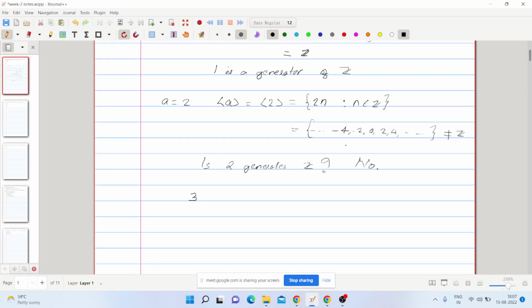If I am taking 3, in the same way we get the set of all 3n such that n is in Z. Again it is not equal to Z. That means if I take any element m strictly greater than 1, the subgroup generated by m is the set of multiples of m, so it cannot be Z. Now we have examined all the cases of positive integers. Now what about the negative integers?